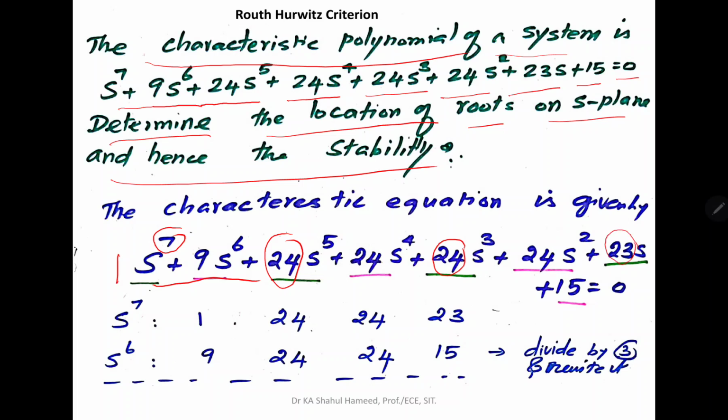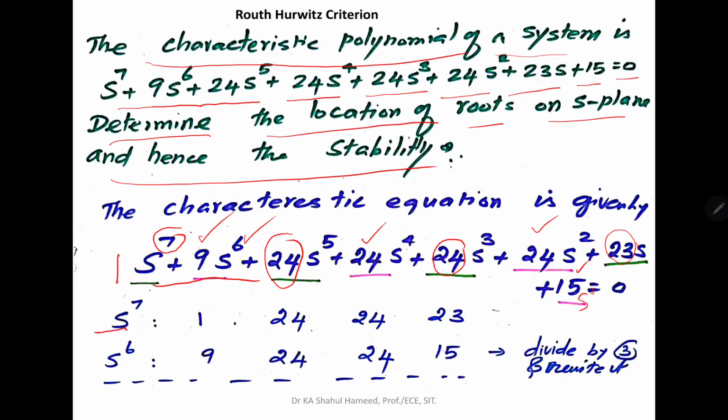Similarly, we have to find the coefficients of even s power. So here starting with s power 6, this is 9, then 24 and 24, and this is actually s power 0, so 15. So starting with highest power s7, we are forming odd coefficients.